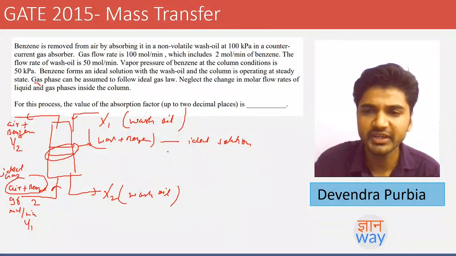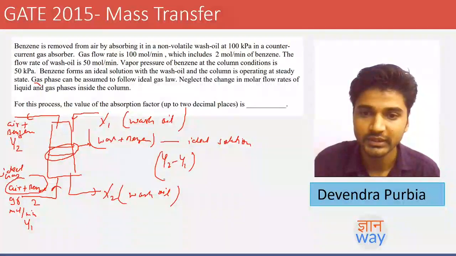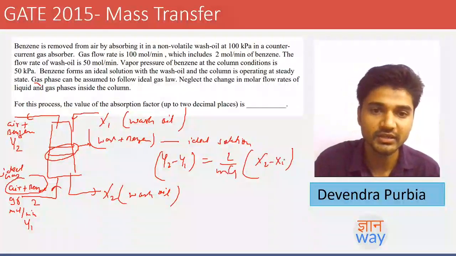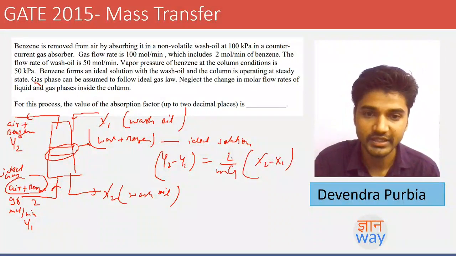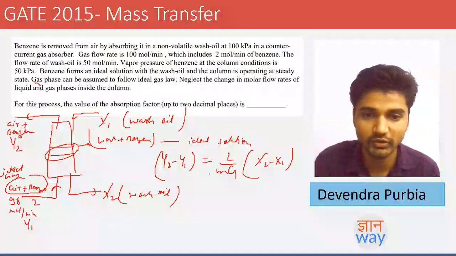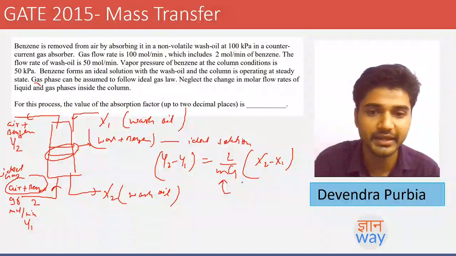Now applying the operating condition for the absorption column, we know that Y2 minus Y1, which is the change in concentration of benzene in the vapor, equals L by G times m times (X2 minus X1), where X is the concentration of benzene in the wash oil, L denotes the liquid molar flow rate, G denotes the gas molar flow rate, and m is the equilibrium constant.